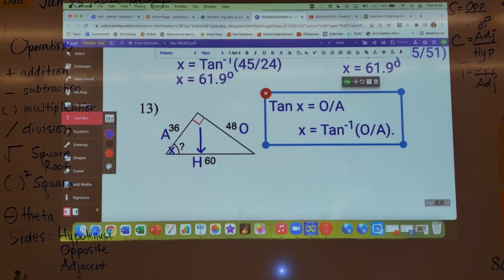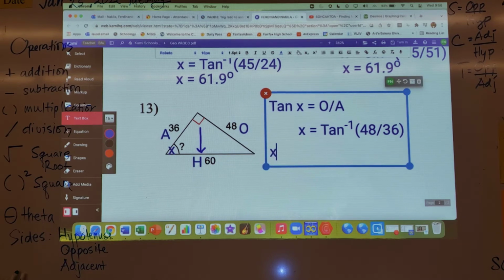In this case, let's replace the letters with numbers now. So the O is 48 and your A is 36. You have to be very careful when you plug in the numbers, because the moment you mistakenly plug in a number, it would be wrong. You will get a different result.